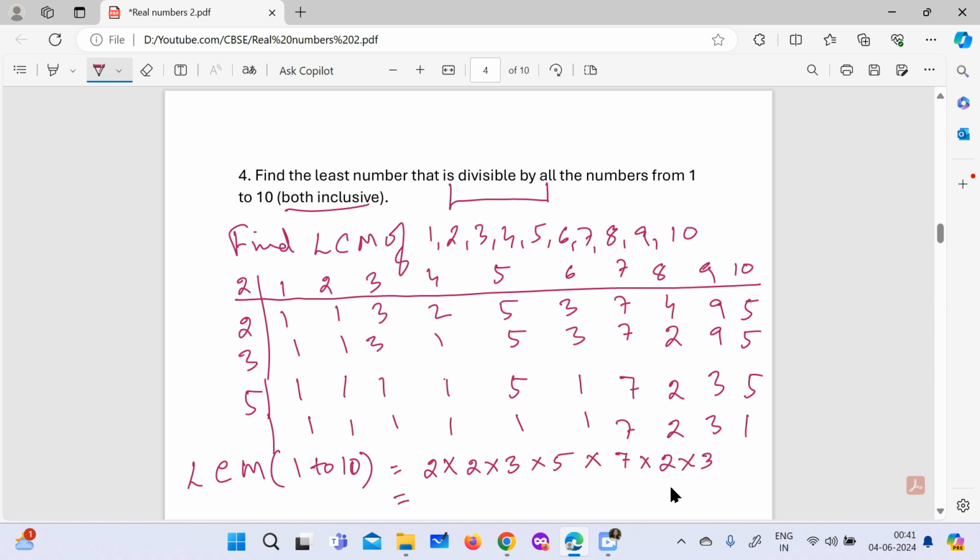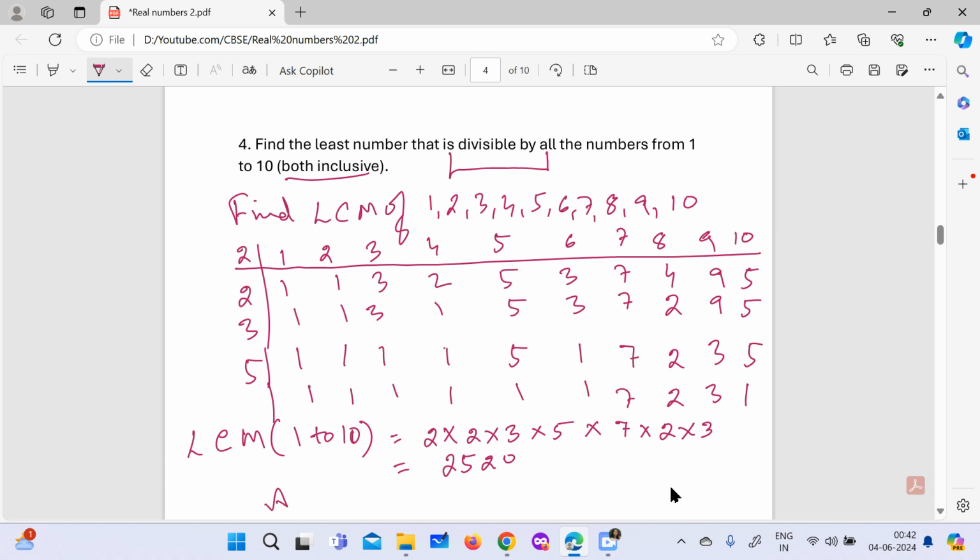Let's do this quickly. 2 twos are 4, 4 twos are 8, and 8 fives are 40. 40 into 3 is 120. 120 times 3 will be 360, and then 360 into 7 will give you 2520. So this is the answer. 2520 is the number which is divisible by all the numbers from 1 to 10. I hope this is clear to everyone.